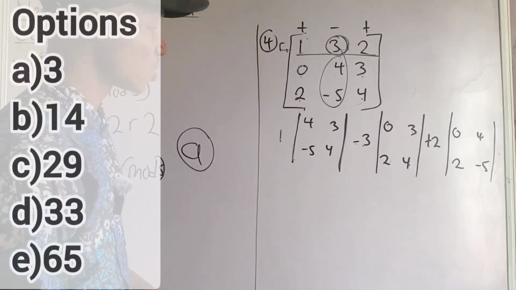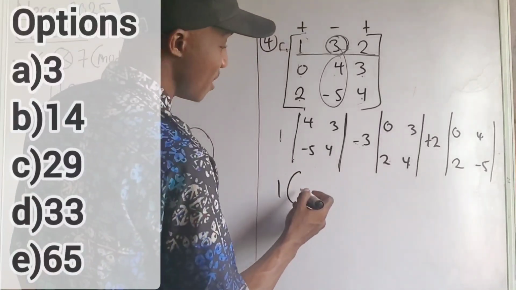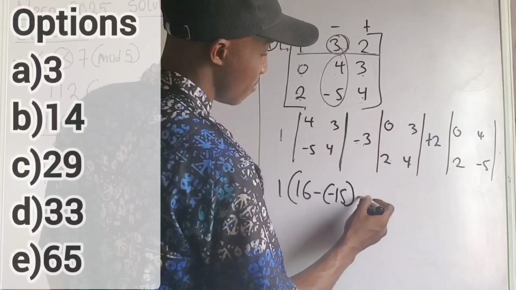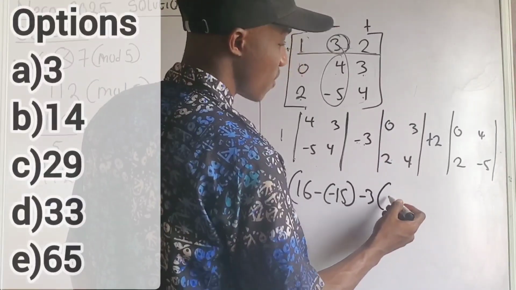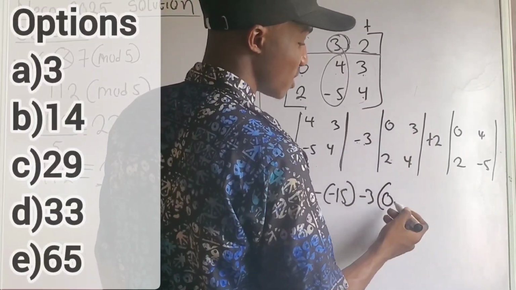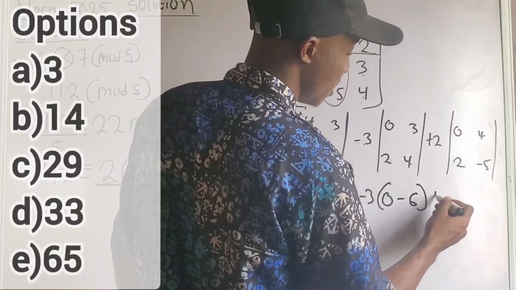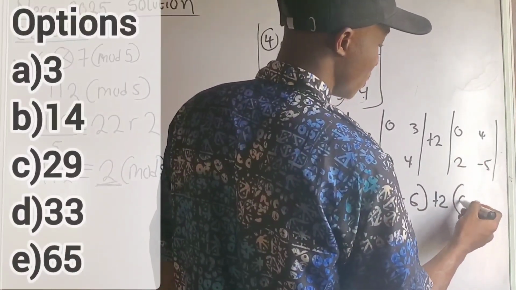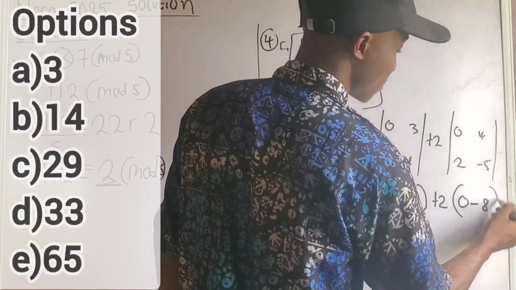So for this, I'm going to have 1 multiplied by 4 times 4 is 16 minus 15, minus 3 multiplied by 0 times 4 is 0, 2 times 3 is 6, so 0 minus 6. Then plus 2 multiplied by minus 5 times 0, that is 0, then 0 minus 8.